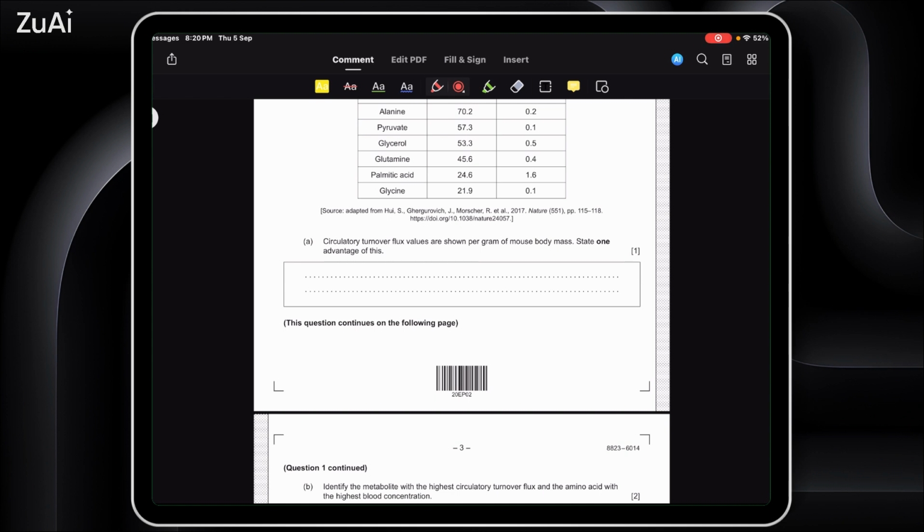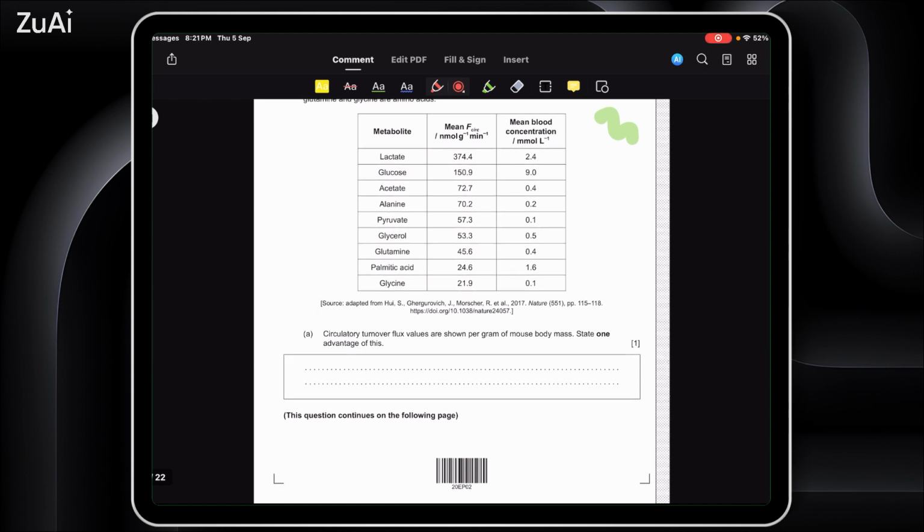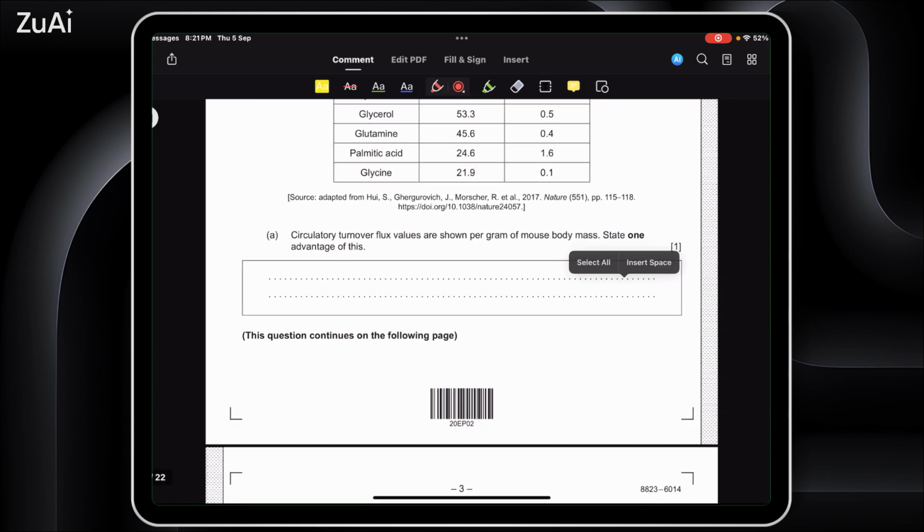So this turnover basically makes a comparison between the mouse and the other animals. That's the advantage, the function of the circulatory turnover flux. We can compare different organisms by this kind of circulatory flux.